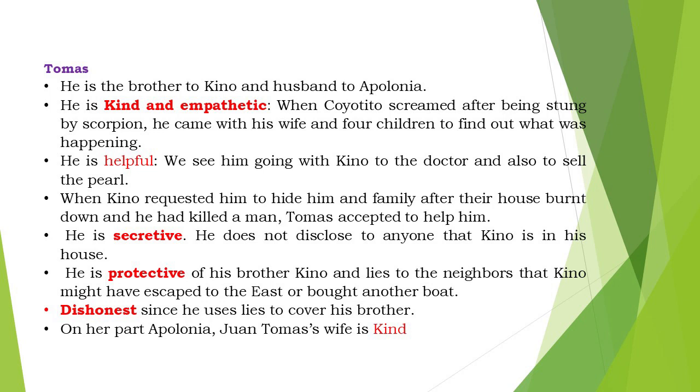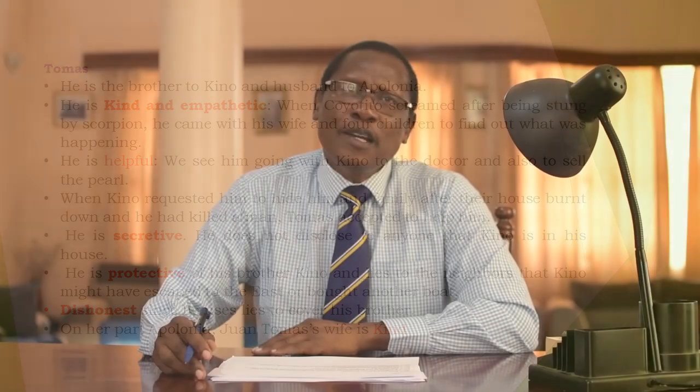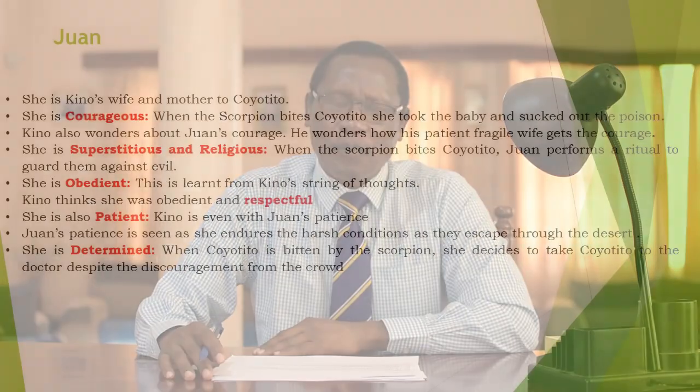To some degree, you may say he is dishonest, since he uses lies to cover his brother. But this is a matter of conjecture. You may want to look at this particular aspect very closely in terms of his humanity. Having looked at Juan Tomás, let us now turn to Juana.